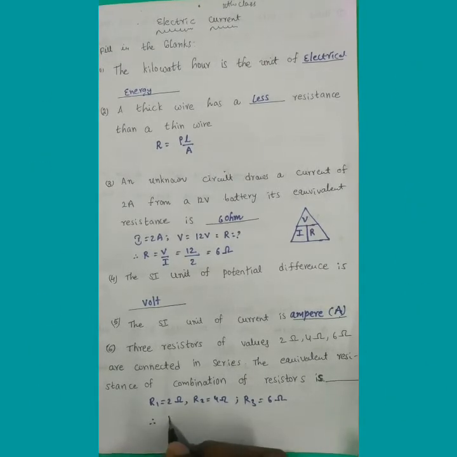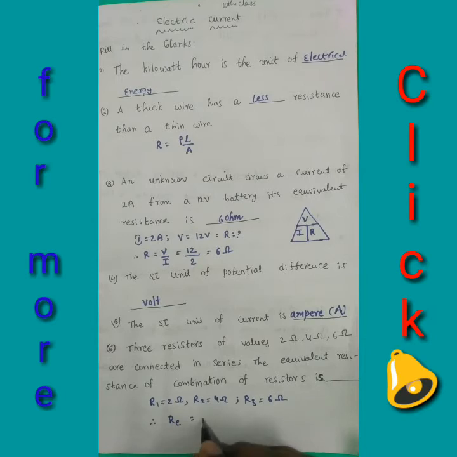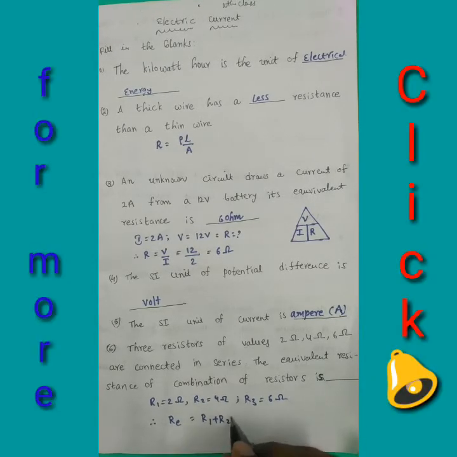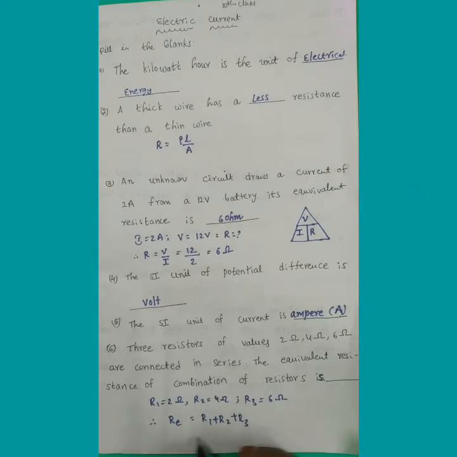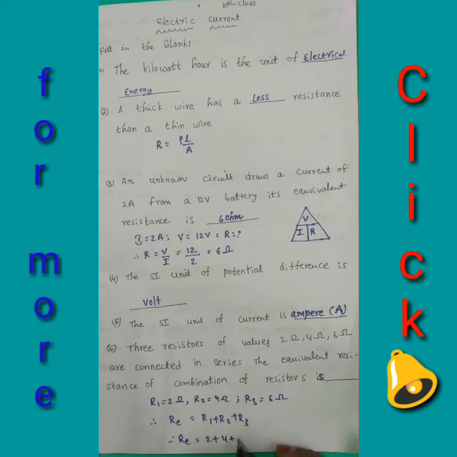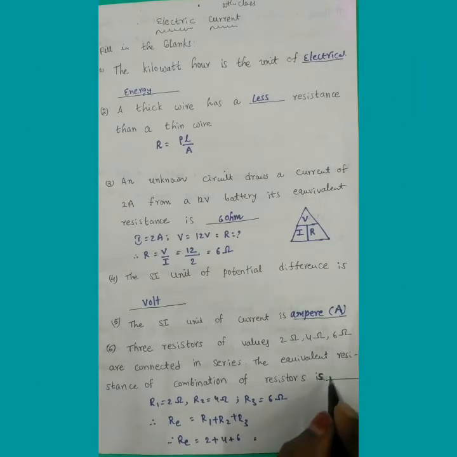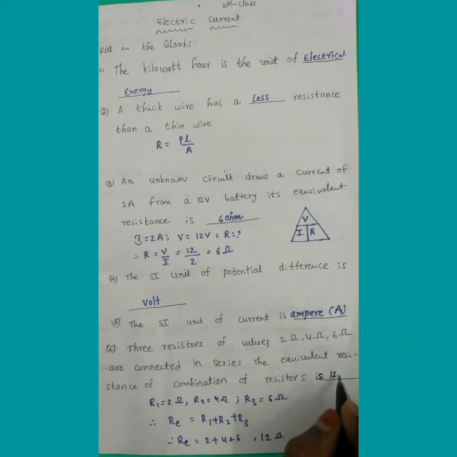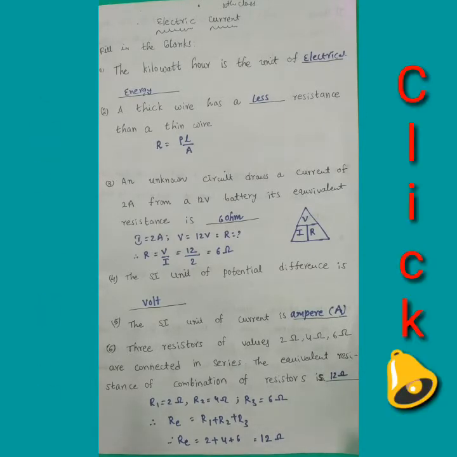Then the equivalent resistance, R equivalent, equals R1 plus R2 plus R3, that means 2 plus 4 plus 6, that equals 12 ohms. That means the answer is 12 ohm.